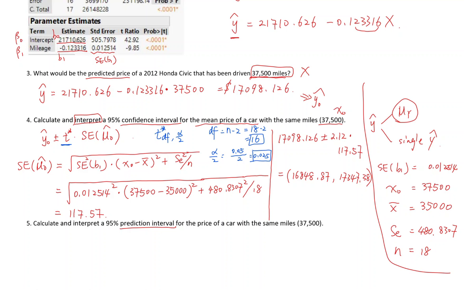To interpret this confidence interval is easy because we say we are 95% confident that, since we are getting the confidence interval for the mean value of y, which is the mean price of cars with the same mileage of 37500 miles.